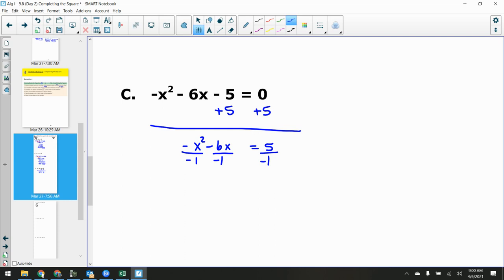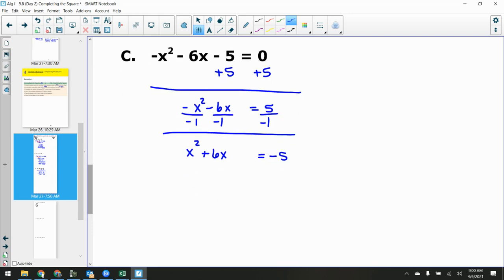Everything must get divided by that a term, that a value. So this turns into positive x squared, positive 6x, negative 5. Now can I complete the square? Yes.